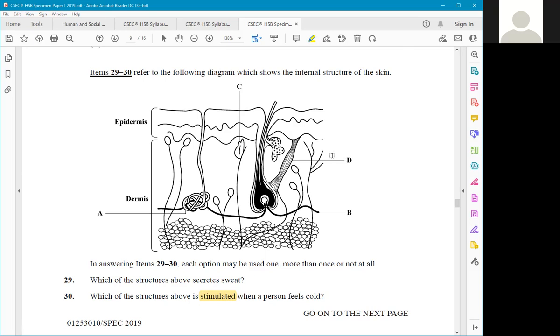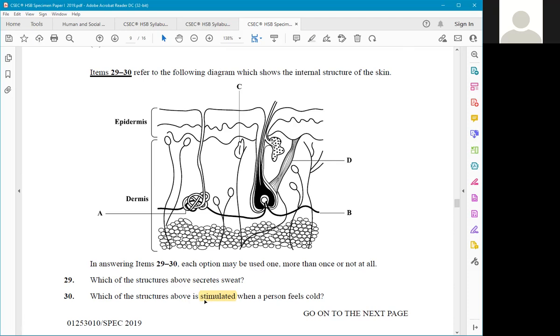Let me highlight my thing. The erector muscle, of course, when the person is feeling cold, will pull against the hair follicle and cause it to stand up. And they're looking for that as the correct answer. But a student could say that the receptor, the nerve ending, is stimulated. And that would not be wrong, because you're talking about stimulus and receptor here.